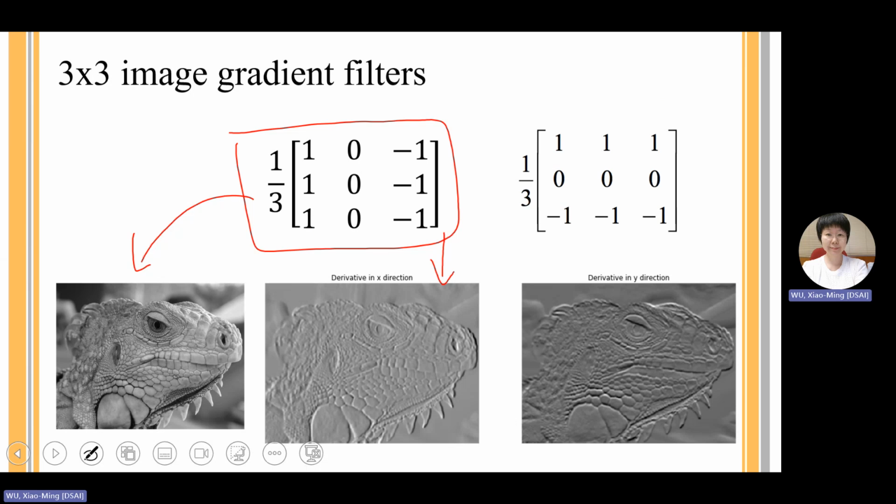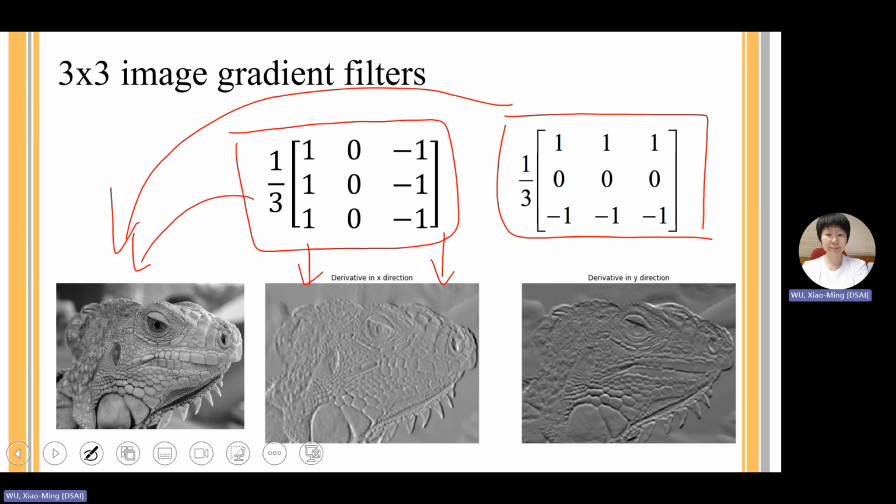What can you observe on the result? And similarly, if we apply the Y derivative filter to the input image, you get the corresponding results. Now let's take a closer look at the resulting images and observe the differences.